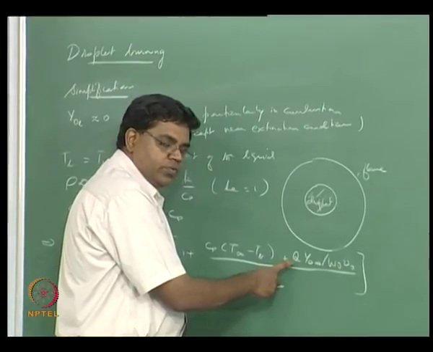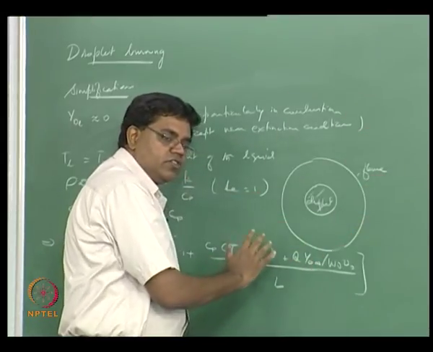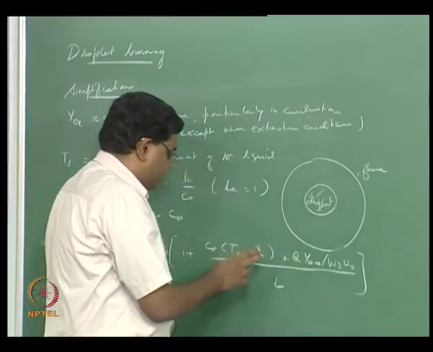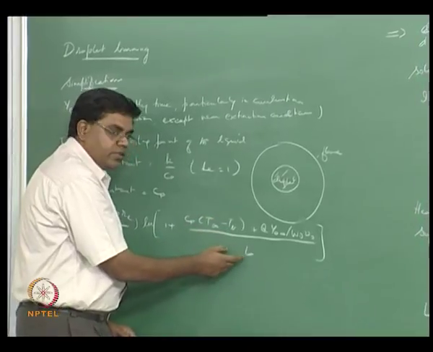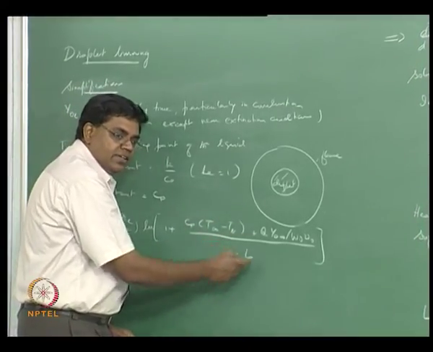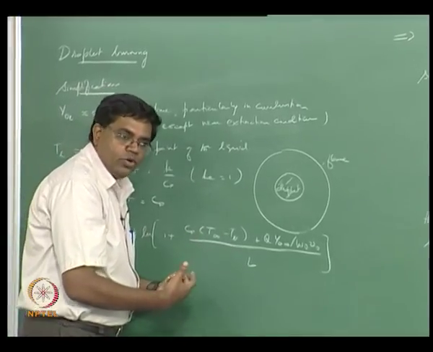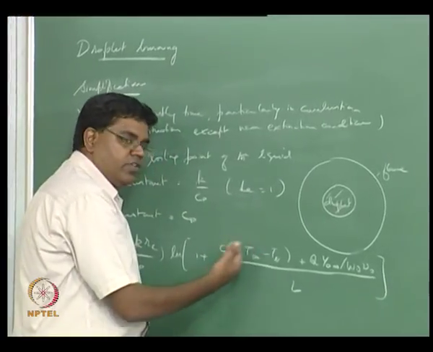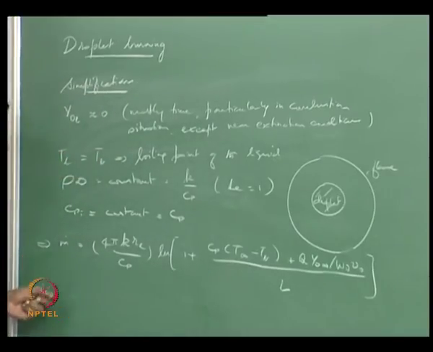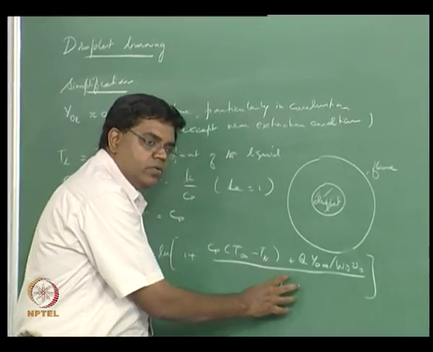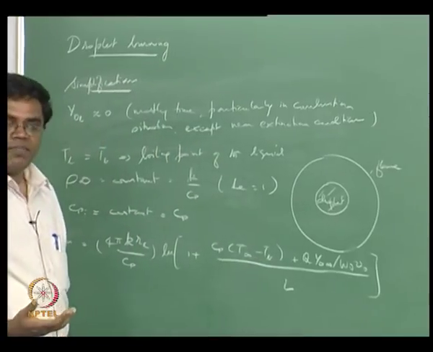Let's suppose that we are thinking about evaporation. That means you have an ambient hot gas that is trying to evaporate the droplet, and that means it is simply giving rise to a sensible enthalpy rise by L. So the L is the latent heat that is required first of all for you to vaporize, and then the next thing is you have to raise the sensible enthalpy. So the m dot is dictated by how much you are able to evaporate versus how well you are able to raise the sensible enthalpy of whatever we have evaporated.